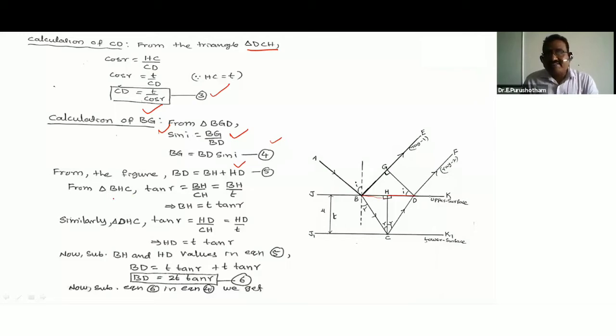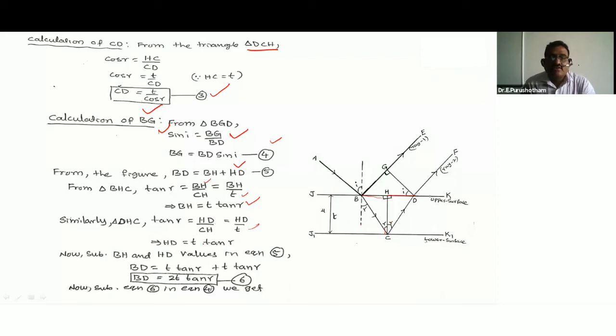From the triangle BHC, another triangle, I want to take tan R. Tan R is equal to the opposite side by the adjacent side, so BH by CH. What is CH? Again, this is small t. So BH is equal to t tan R. Similarly, in triangle DHC, tan R is HD by CH, HD by t.